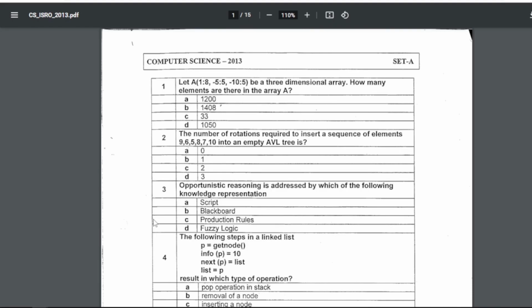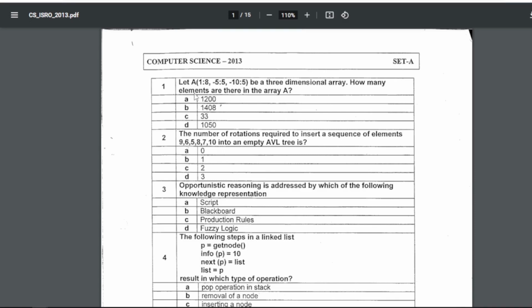The very first question is, let A[1:8, -5:5, -10:15] be a three-dimensional array, right? How many elements are in the array? If you solve this particular question, you will get the answer as B, that is 1408, because the number of elements in the first dimension of the array, I hope you remember, is equal to upper limit minus lower limit plus 1.